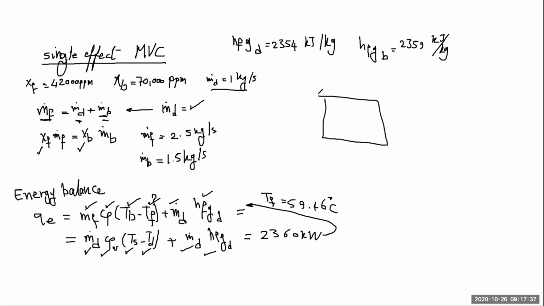So this is an energy balance for the evaporator. In the evaporator here, we have steam which is leaving the compressor, and it is going to be sensibly cooled first, and then it will condense. So this is the kind of energy given by that stream here, m dot distillate at TS, and it is going to be leaving as m dot distillate at temperature TD. It will enter here as superheated vapor, and it will leave here as saturated liquid.